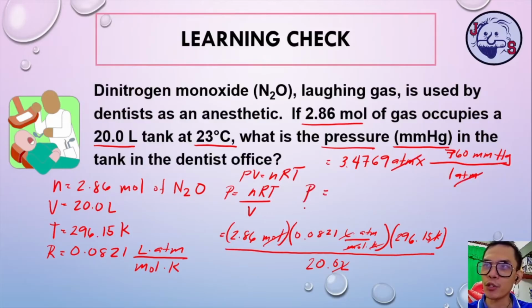Then the pressure is 3.4769 times 760. So the answer is 2,642 millimeters of mercury.